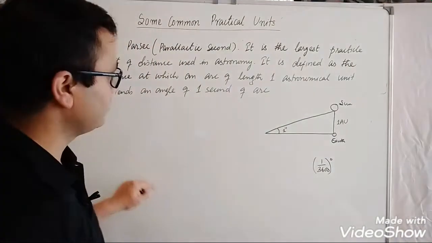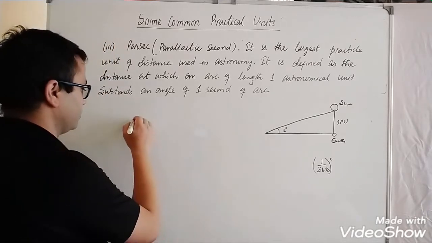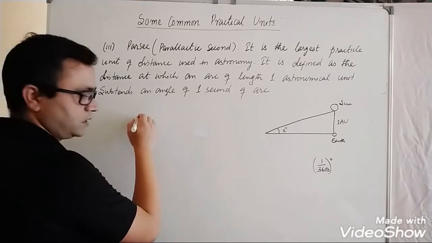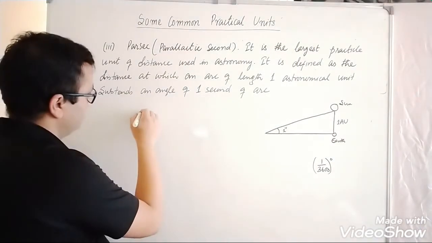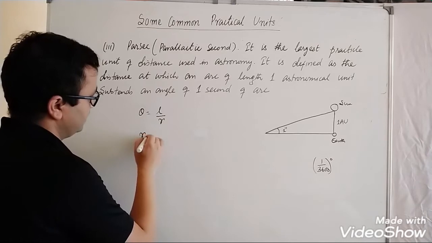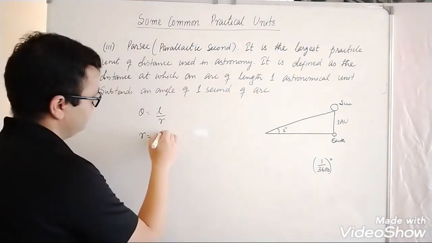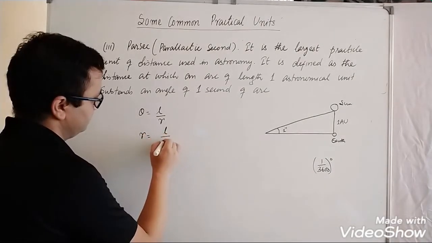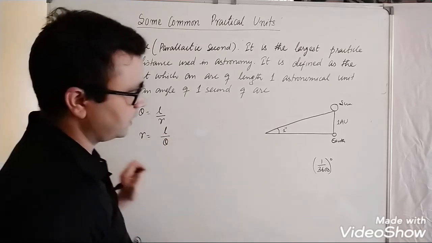So parsec can be defined as follows. We know that theta equals L by R, so R equals L by theta. What is L?